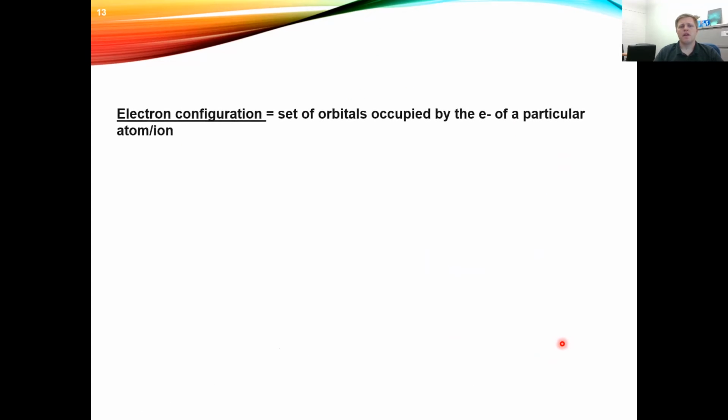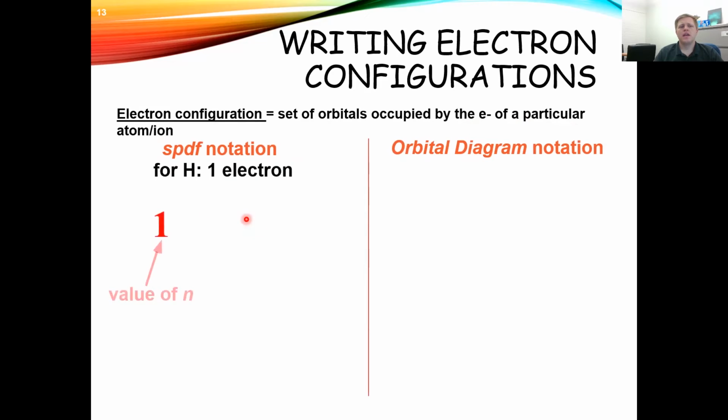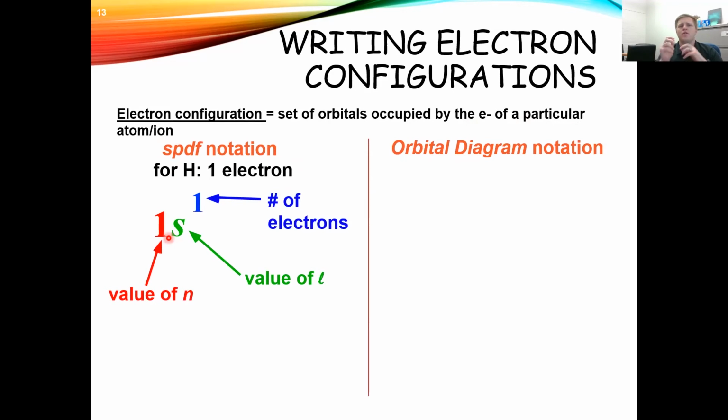Now let's talk about how we write electron configuration. There's two main ways: SPDF notation, or orbital diagram notation, or what I call box notation. For SPDF, you're going to write the value of n for each orbital, or each subshell.